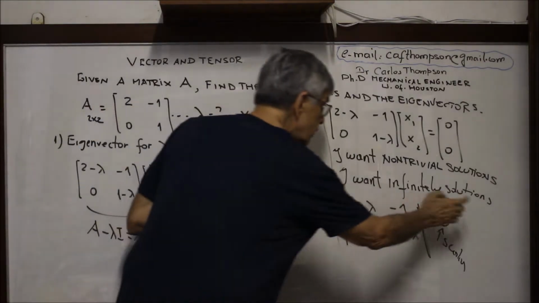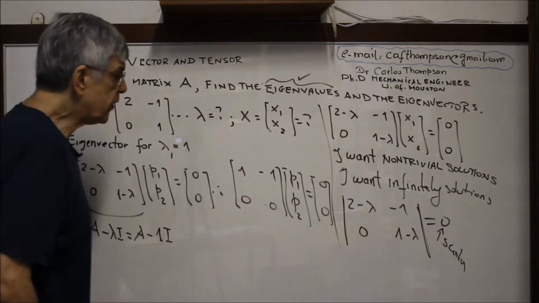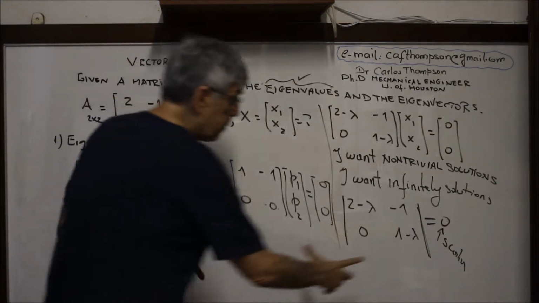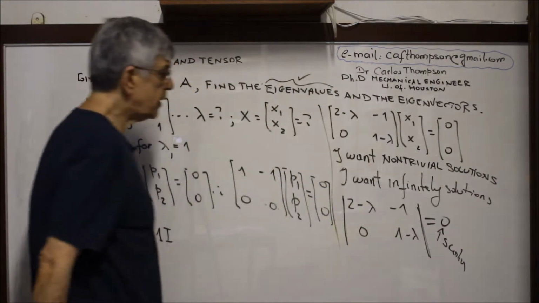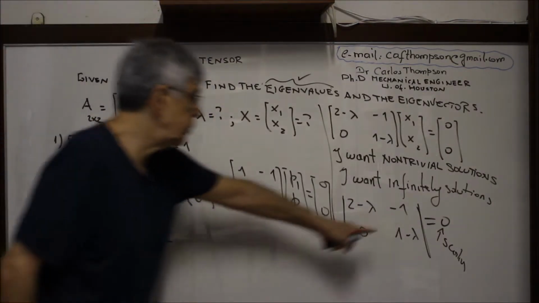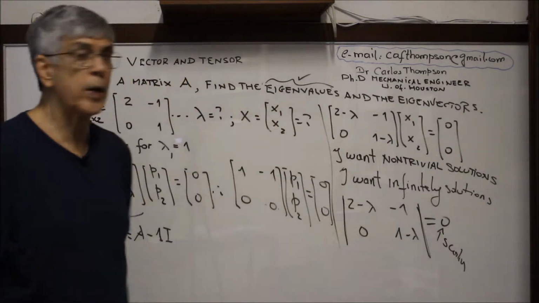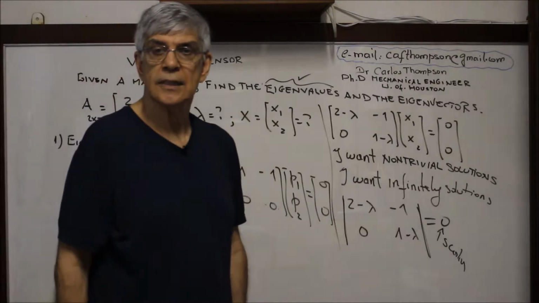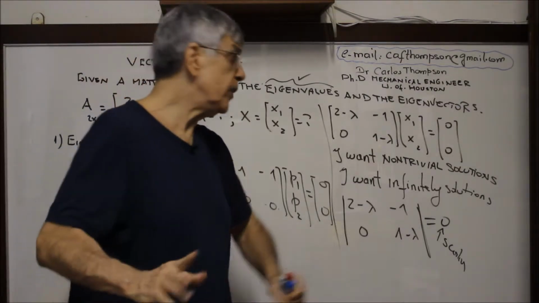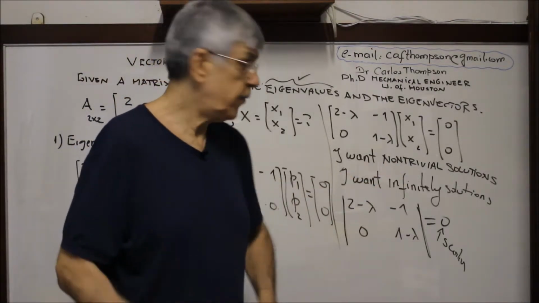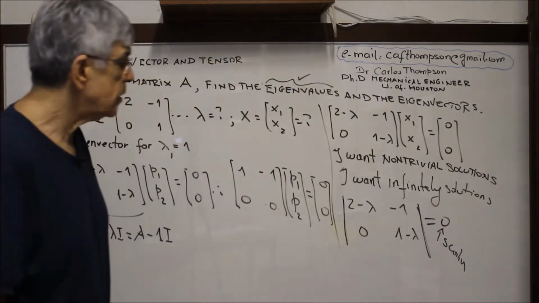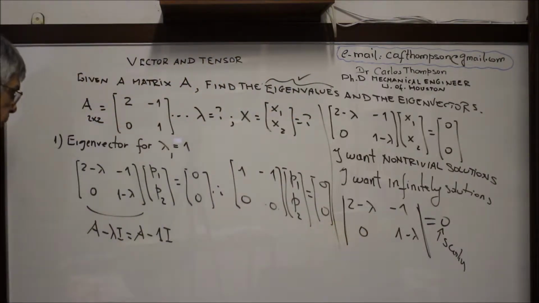But what I want is infinite solutions. That's why I imposed the determinant to be 0, because a homogeneous system has infinite solutions if the determinant of the coefficient matrix is 0.